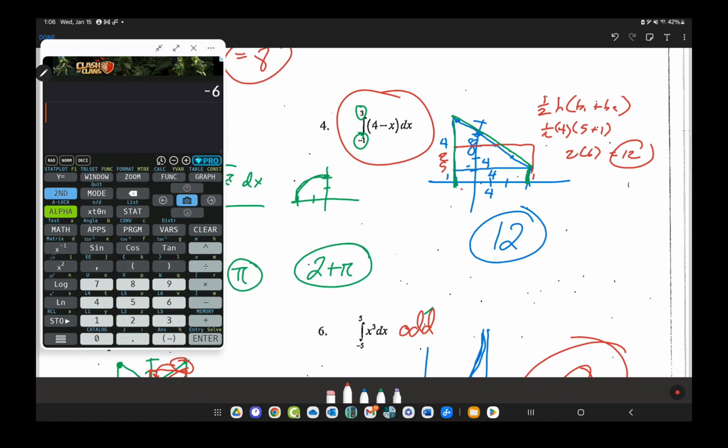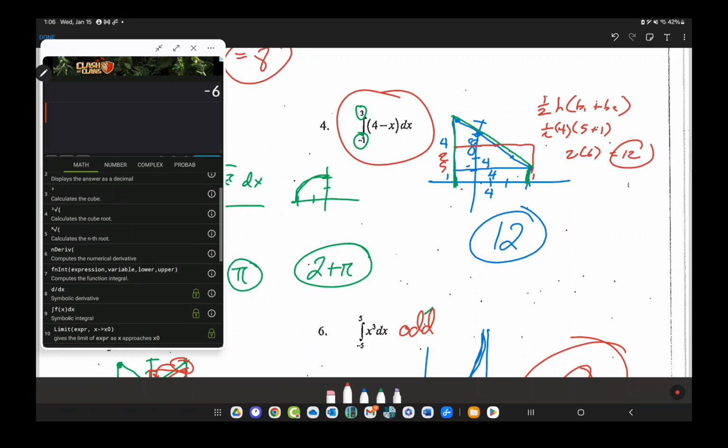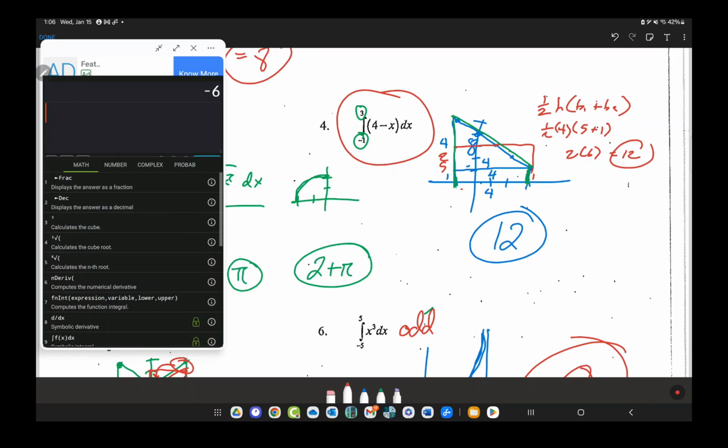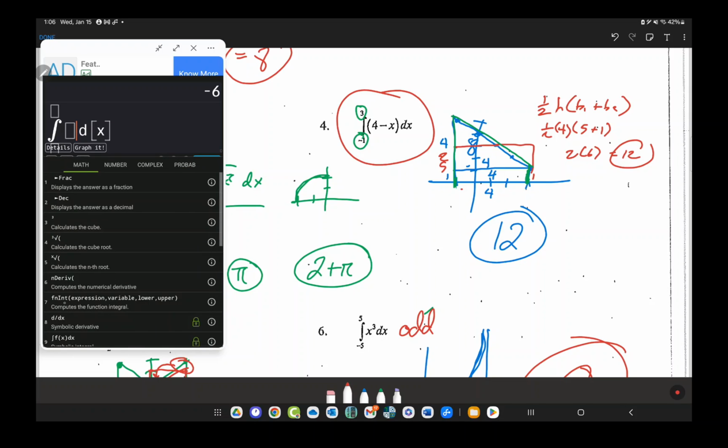If you have your calculator, go to math. You know how we did derivatives? If you go one more down, it's math and then 7, FNINT.